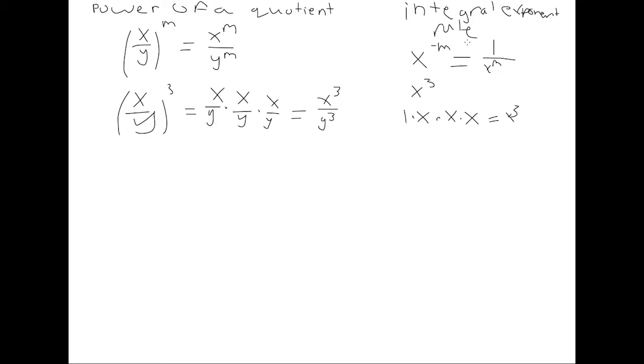But if it's negative, then it would be x to the minus 3, which would be 1 divided by x times x times x, which is equal to 1 over x cubed. Okay? So it's basically saying that if you have a negative exponent, it's going to be 1 divided by x to that exponent where it's positive. All right. Again, let's make some space.